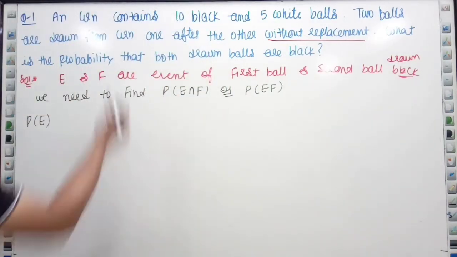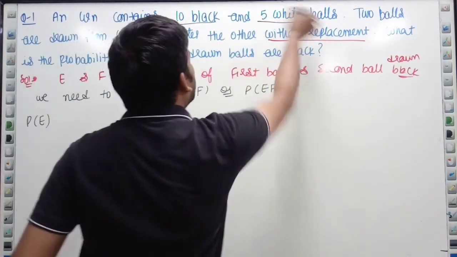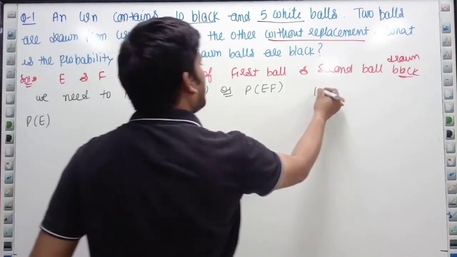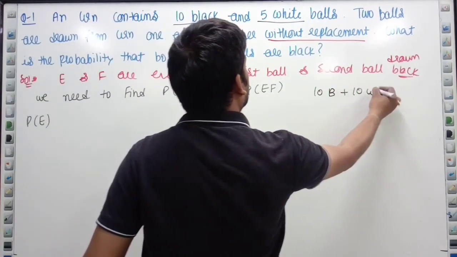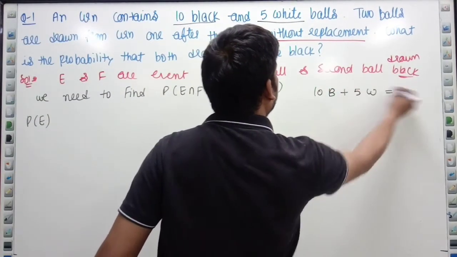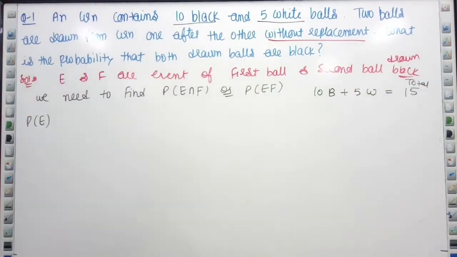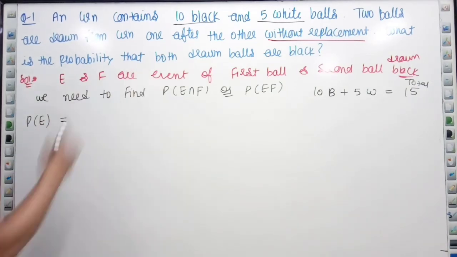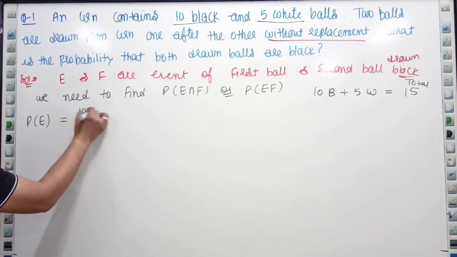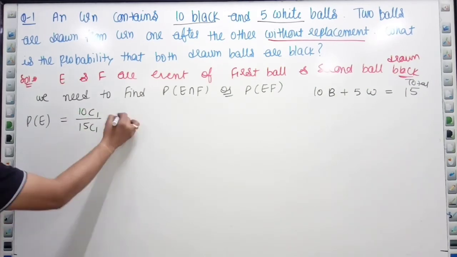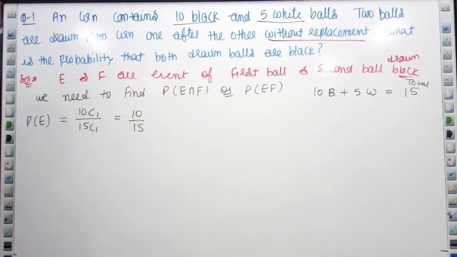First ball drawn black. How many balls? 10 black and 5 white. 10 black plus 5 white, total balls are 15. Now the probability that the first ball drawn is black is 10C1 upon 15C1, that is equal to 10 by 15. Right?